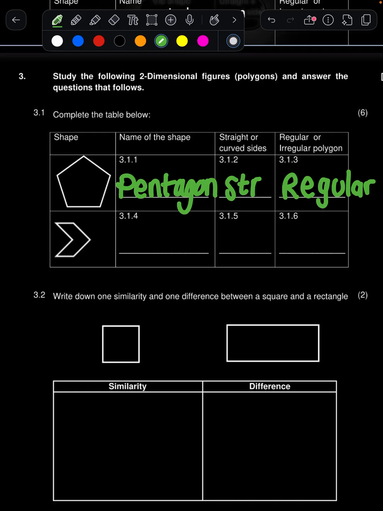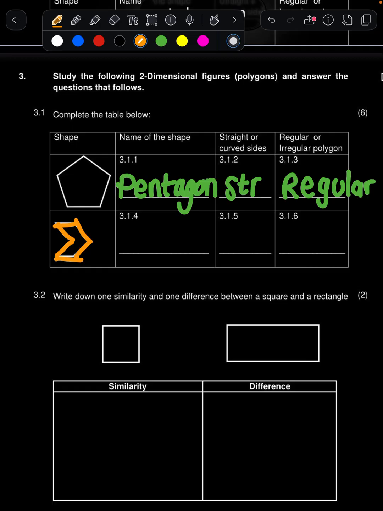This next shape, let's see how many sides we've got. So 1, 2, 3. Sorry, 1, 2. Oh, that is not working for me today. Let's see. One side, 2, 3, 4, 5, 6 sides.